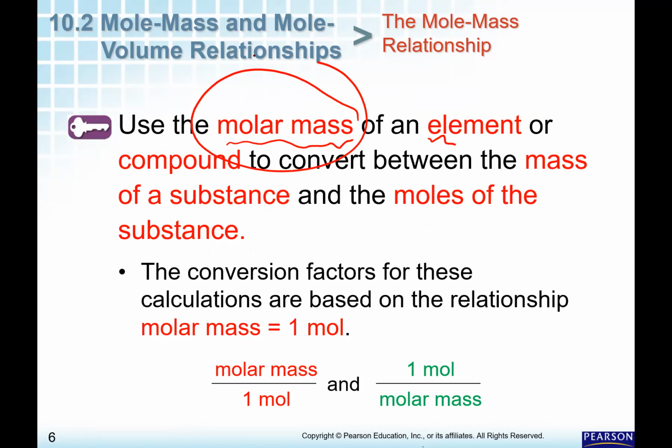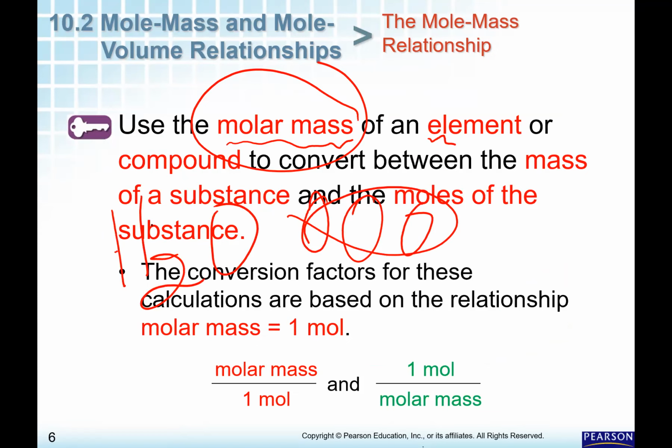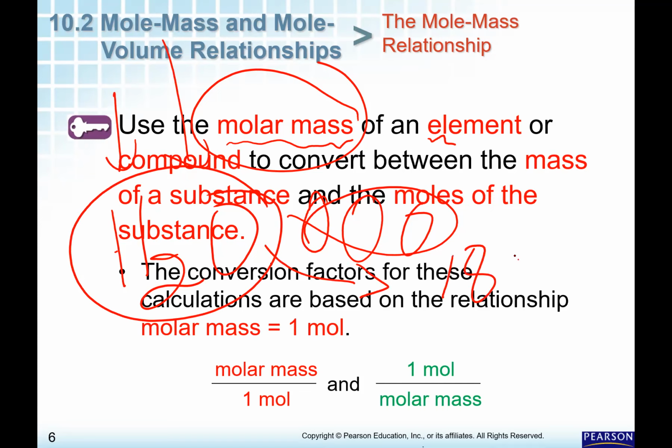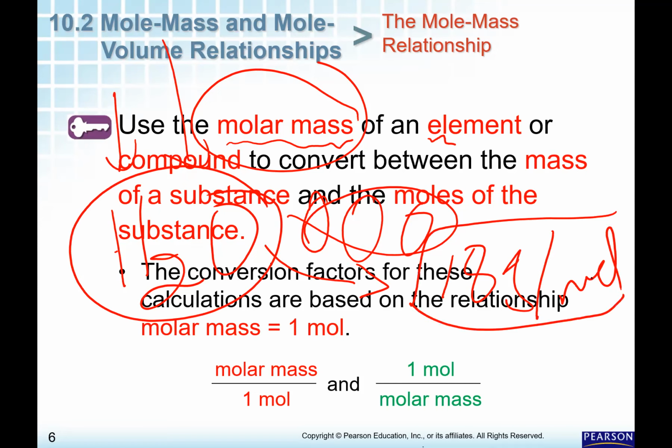For the molar mass of a compound, if we know the molar masses of the elements that are making the compound, like for example H2O, then we can calculate the molar mass of the whole molecule, which is 2 times the molar mass of hydrogen plus 1 times the molar mass of oxygen, which is a total of 18. So that is the molar mass of water, and that's why we call it 18 grams per mole. And that is the relationship that we want to use.